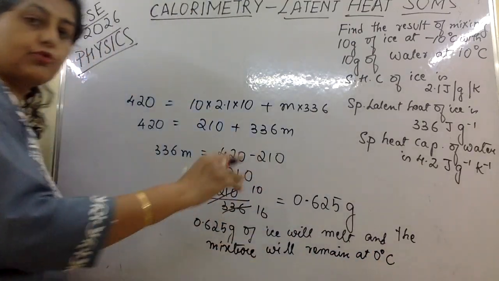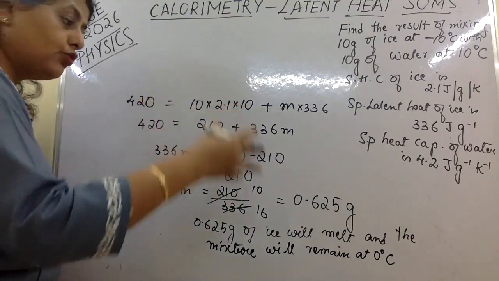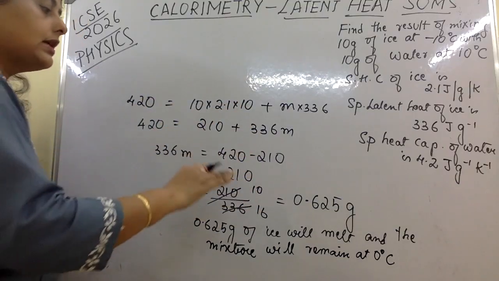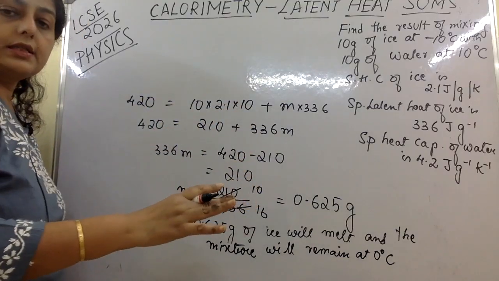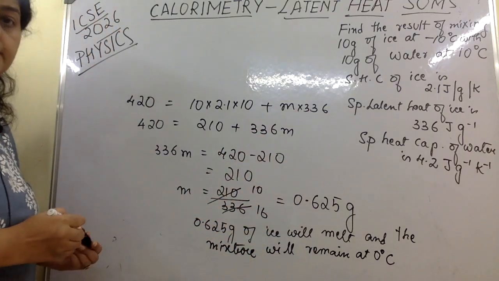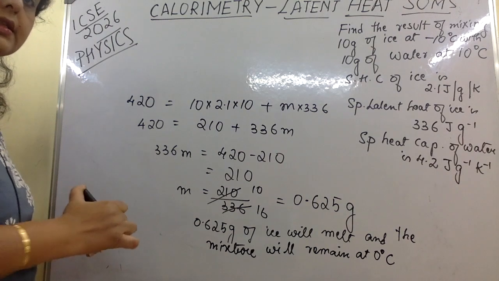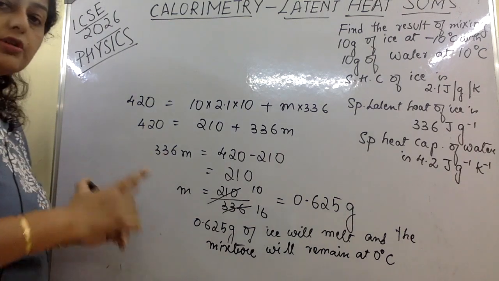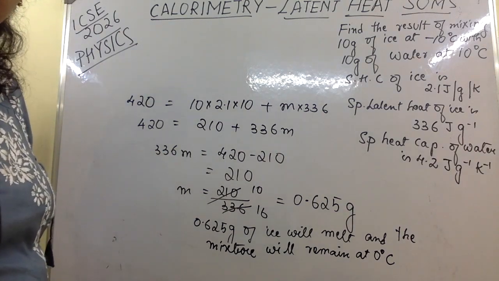So the 10 gram water, the new water formed by the ice, and the ice, everything will be at 0 degree centigrade. This amount of ice will only melt. So this sum, if you just do heat lost, heat gained, you will not be able to manage this question.